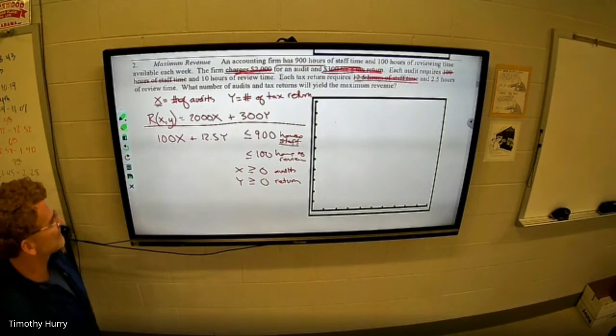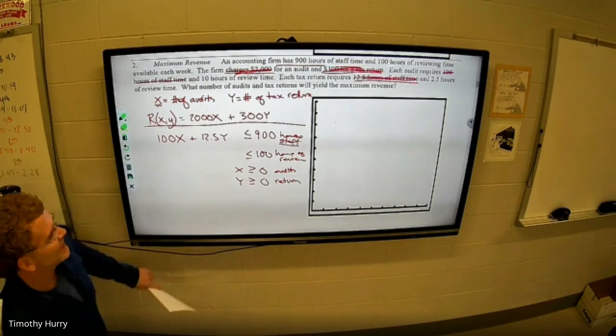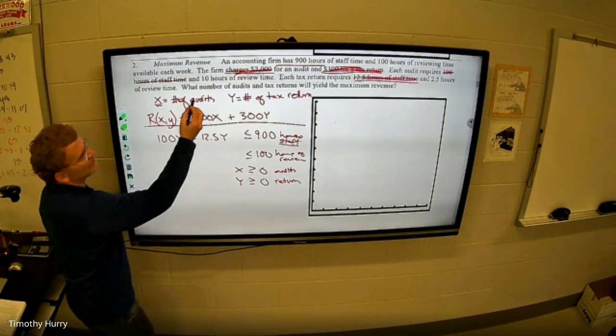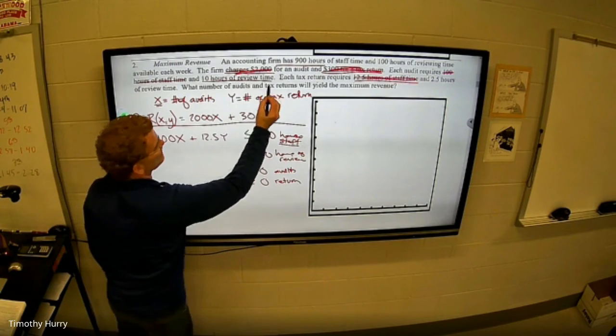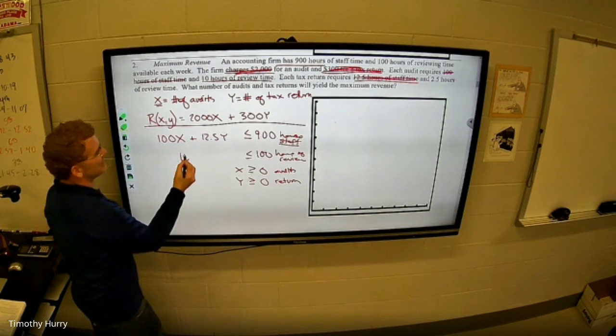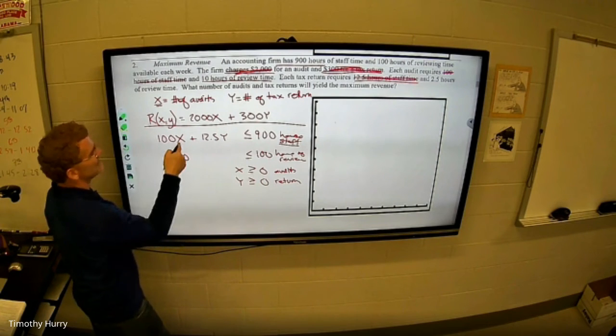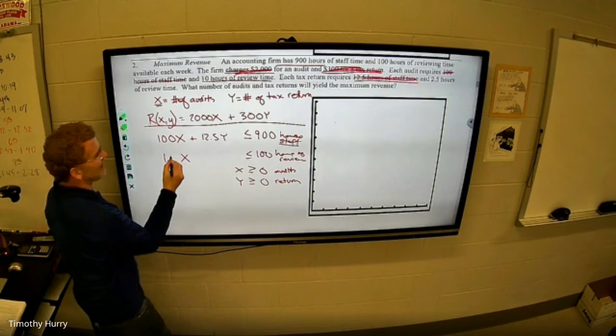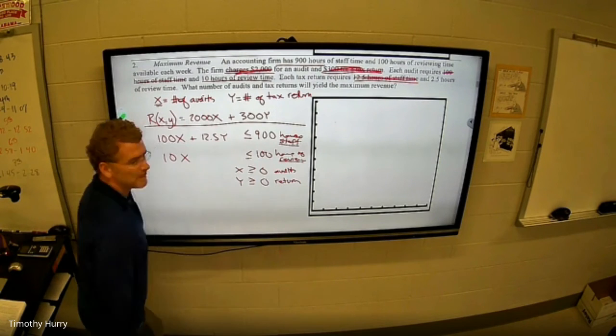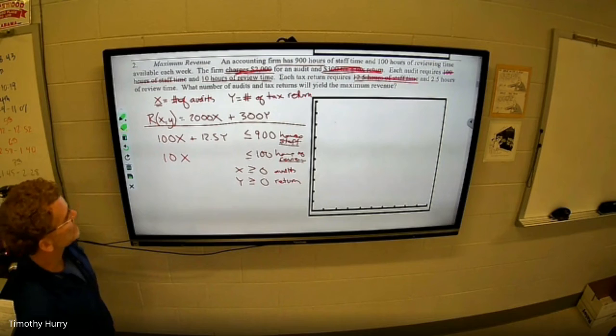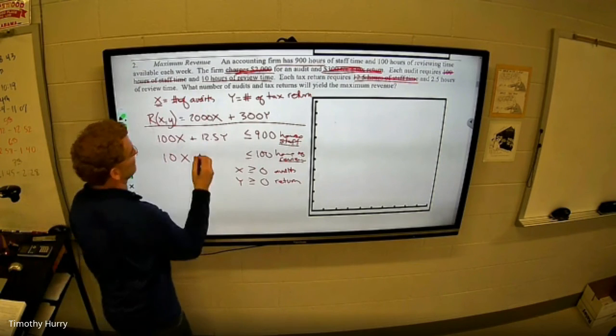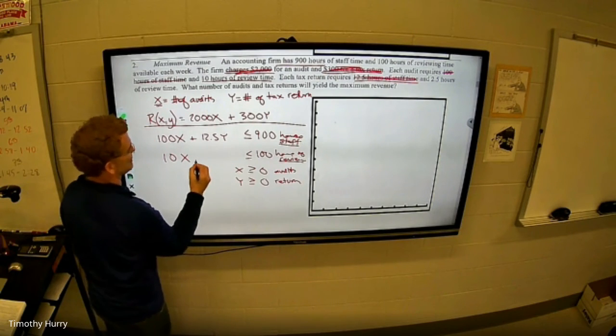What else do I see? Each audit, X, is going to use 10 hours of review. And 2.5 hours of review will be used for each tax return.